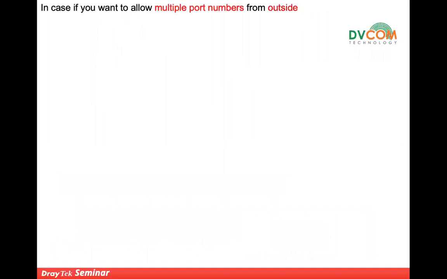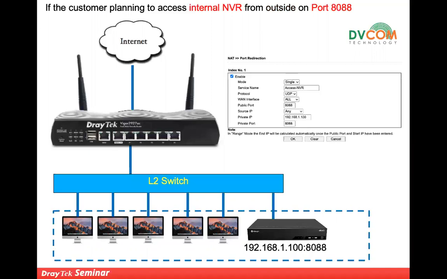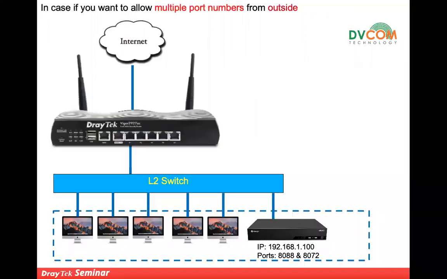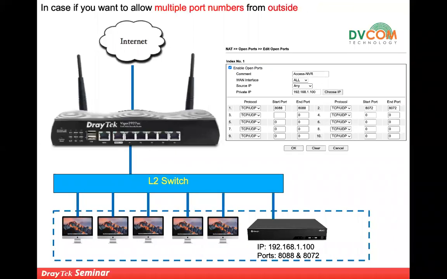And the second one is in case you want to allow multiple port numbers. Right now in this scenario I allowed only one port, but some people may request that you allow multiple ports. At that time, simply go to the NAT section, select open ports, and you can select multiple ports. For example, some customers have a requirement to access different servers with multiple ports.